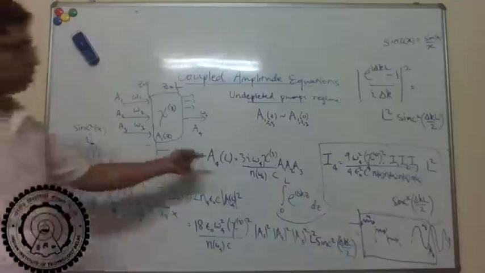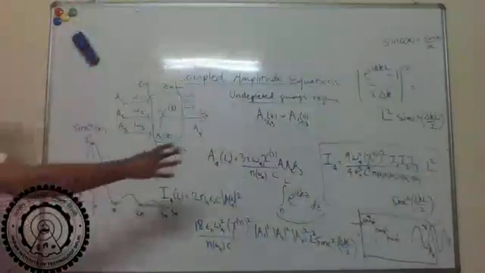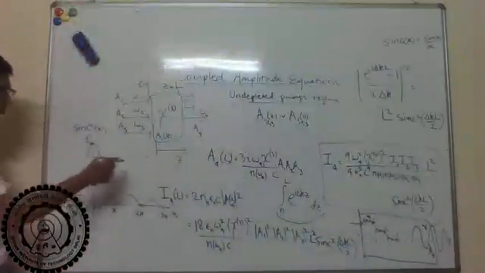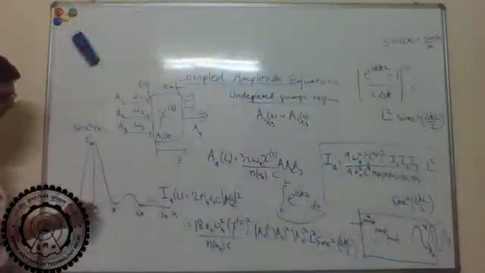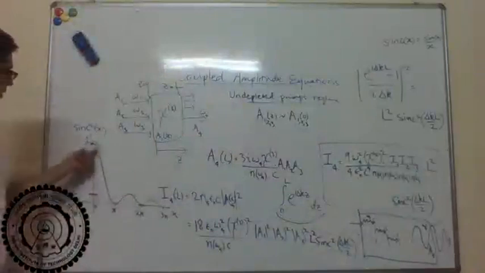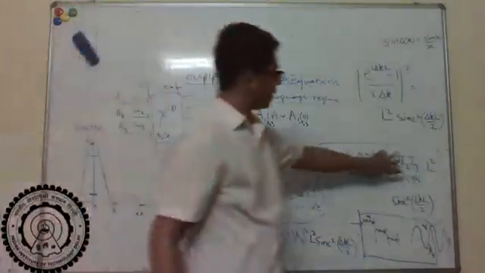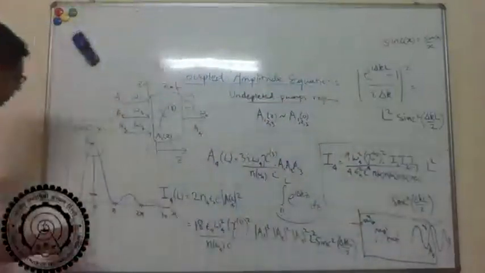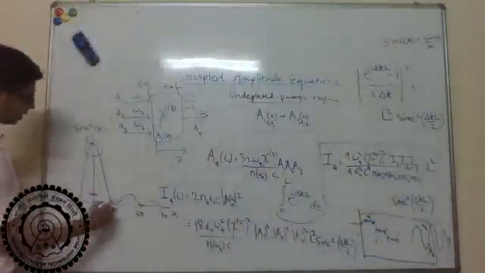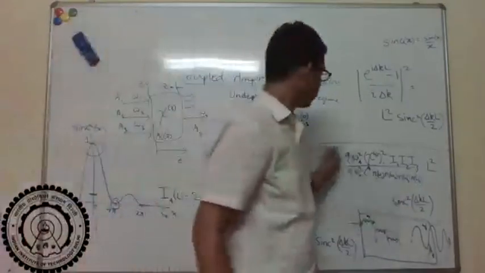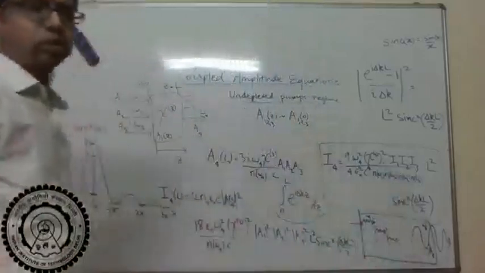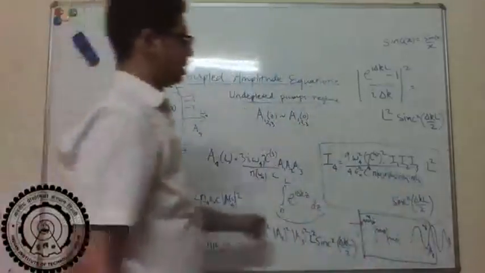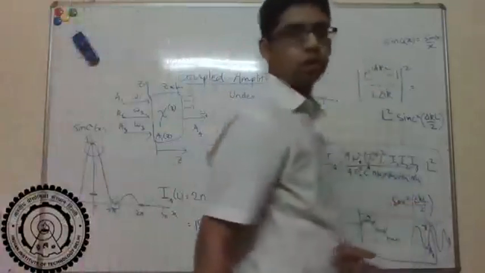So the argument for sinc square here is delta k L by 2. You can see that this factor is close to 1 if delta k L by 2 is close to 0. So if I am close to 0, then this factor is close to 1, and then I get this expression. But for example, if this becomes close to pi, then this factor is basically close to 0, and then I'm not getting any conversion at all. So that's where this phase mismatch comes in.